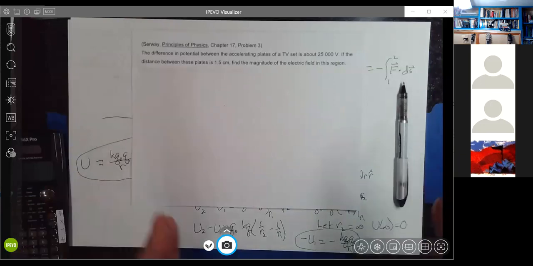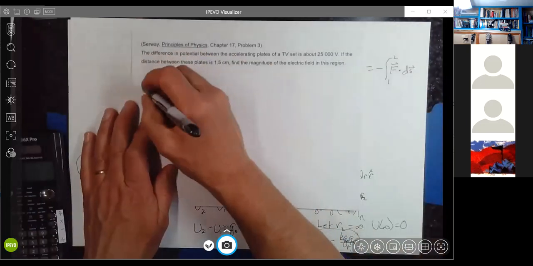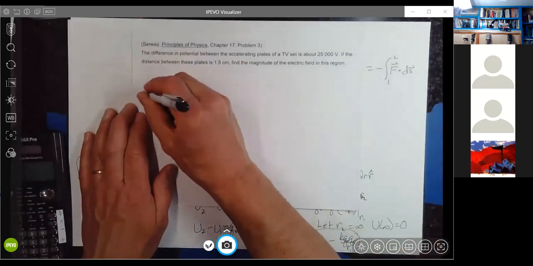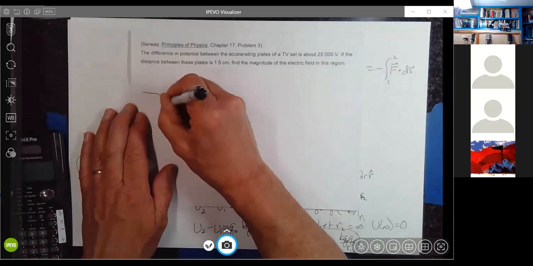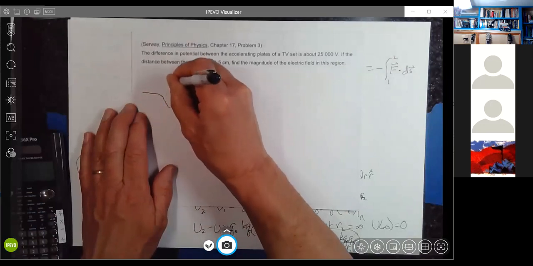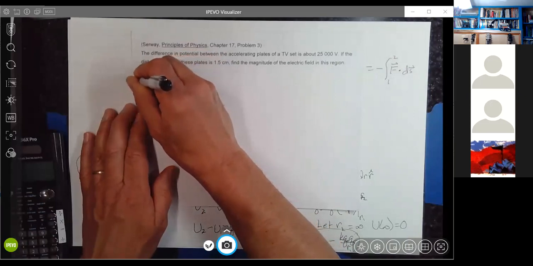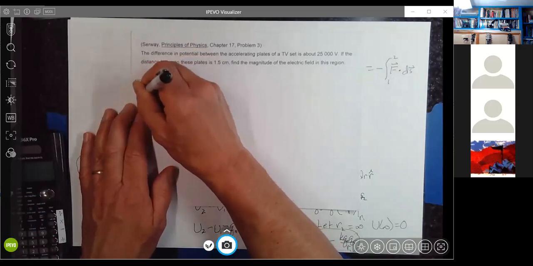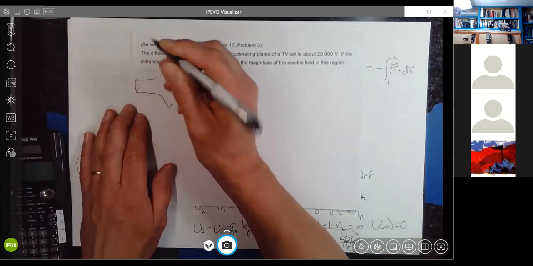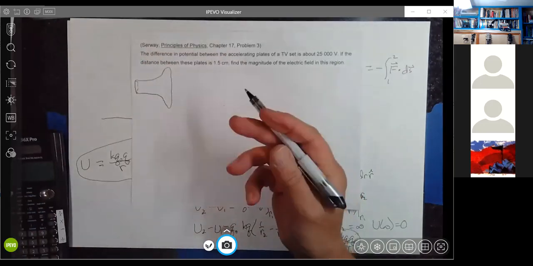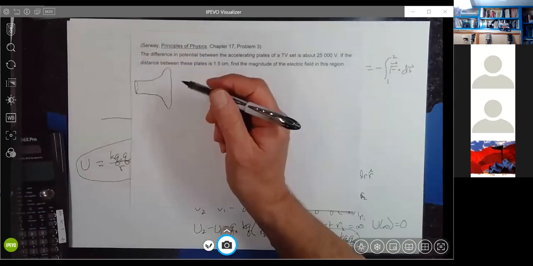And this is the old old kind of TV set, or computer monitors for that matter. They had a picture tube is what they called it. It was also called a CRT for a cathode ray tube. Electrons are cathode rays. That's a really old name for them.